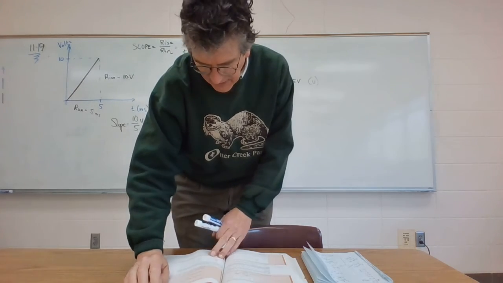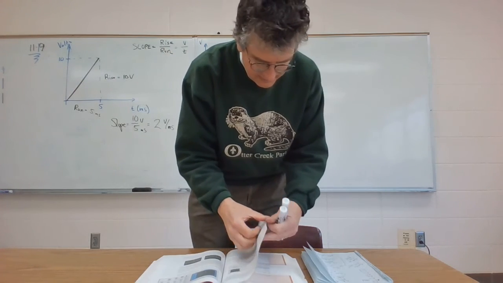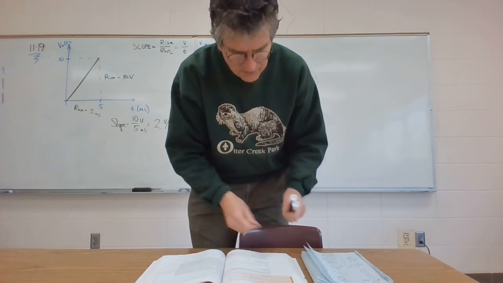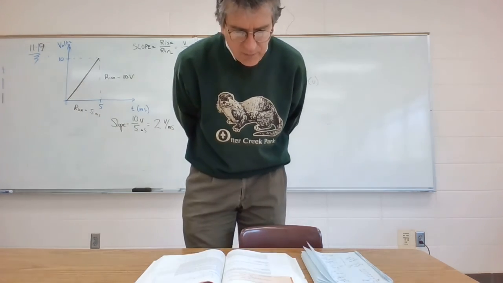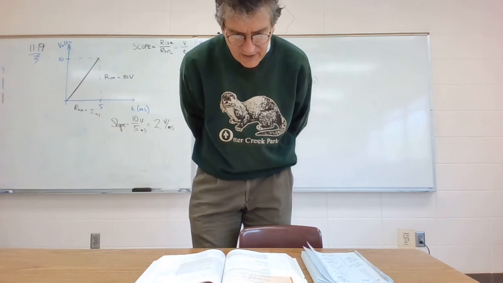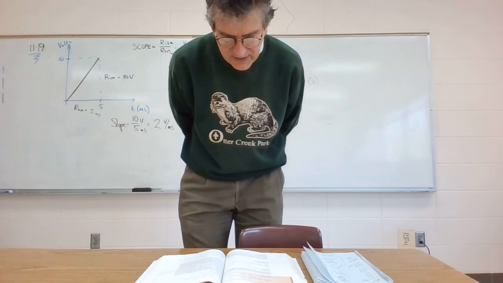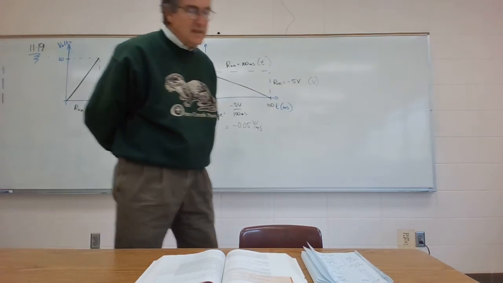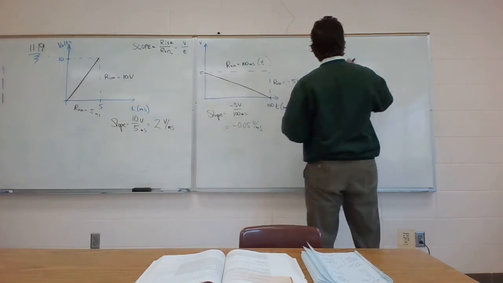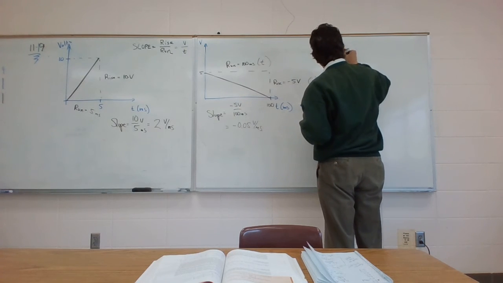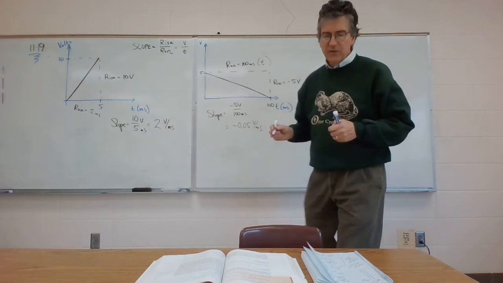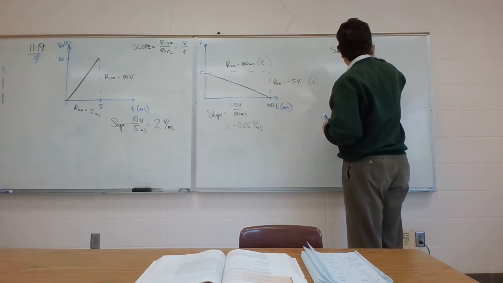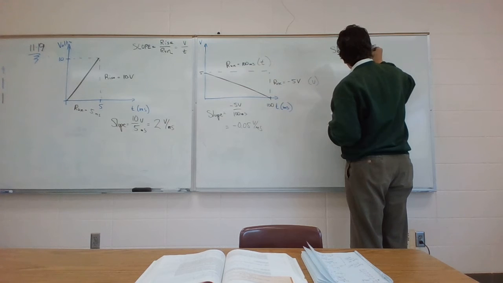Now let's look at the related problem. It says a certain voltage ramp has a slope of 12 volts per microsecond. If the ramp starts at 0, what is the voltage at 0.01 millisecond? Okay, so slope is equal to plus 12 volts per microsecond.